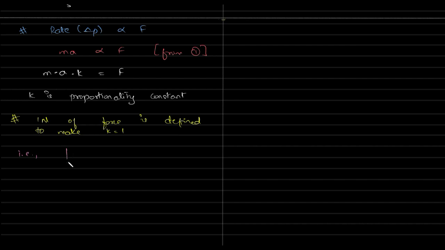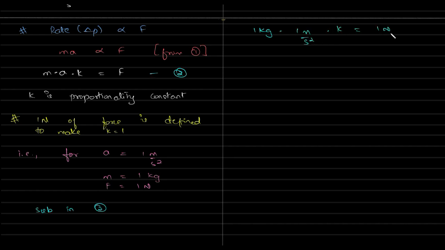How did we do that? For an acceleration of 1 meter per second square, for a mass of 1 kg, and for a force of 1 Newton, if I substitute into equation 2, what will we get? 1 Newton is equal to 1 kg into 1 meter per second square into k.